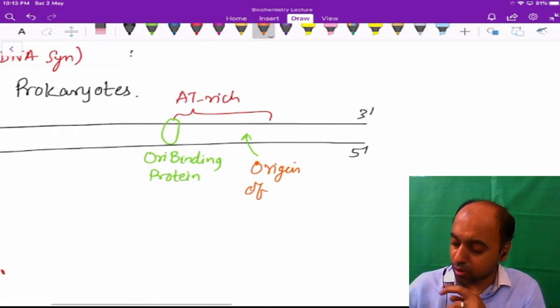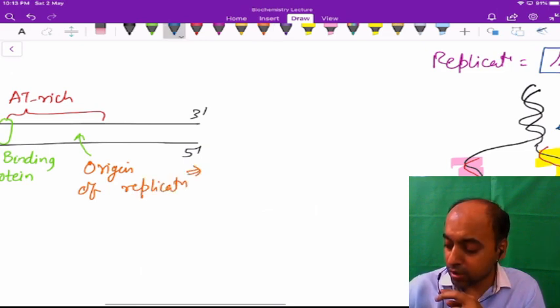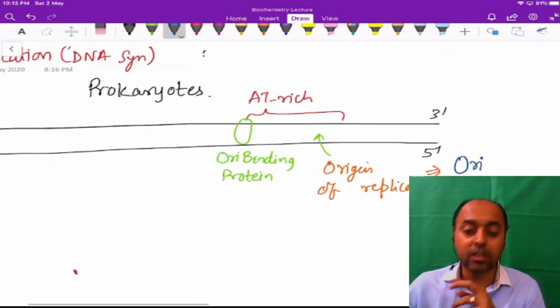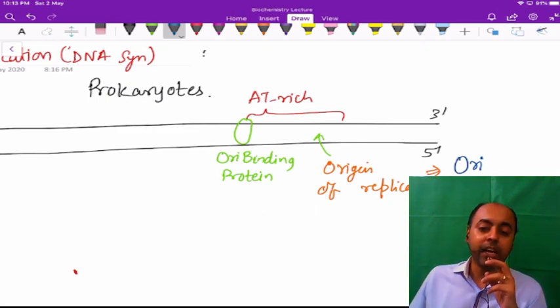Origin of replication, in short we call it the ORI, and therefore the protein which will come and attach here is known as the ORI binding protein.